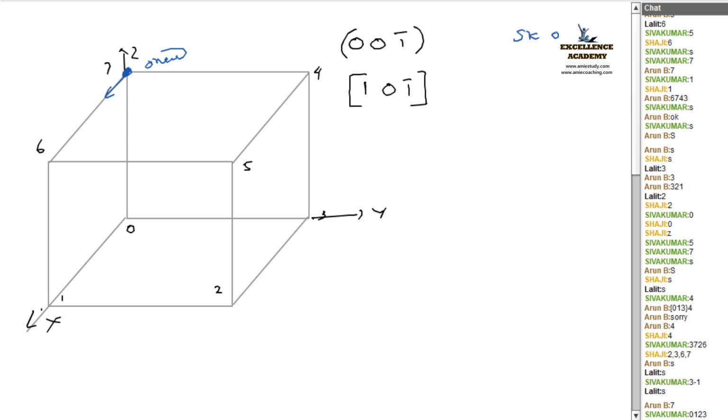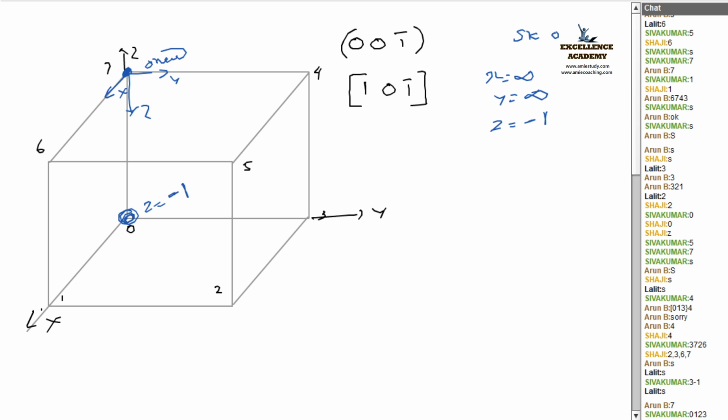So this is my x, y, and z. So x equals infinity, y equals infinity, z equals -1. So the only point which I get is here, z is equal to -1, right?